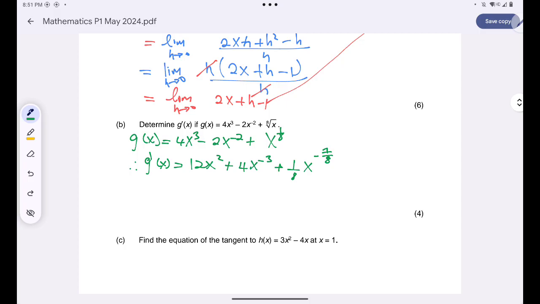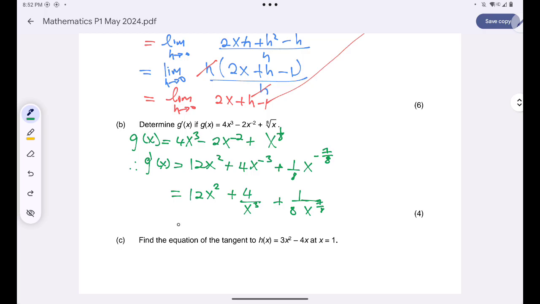If I want to, guys, I'm not restricted. I can leave my answer in positive exponents, right? I can simply say I have 12x squared plus 4 all over x cubed plus 1 over 8 multiplied by x, all raised to the power 7 over 8.